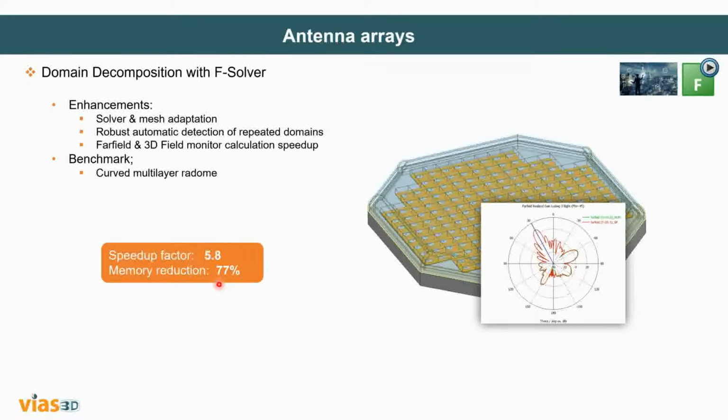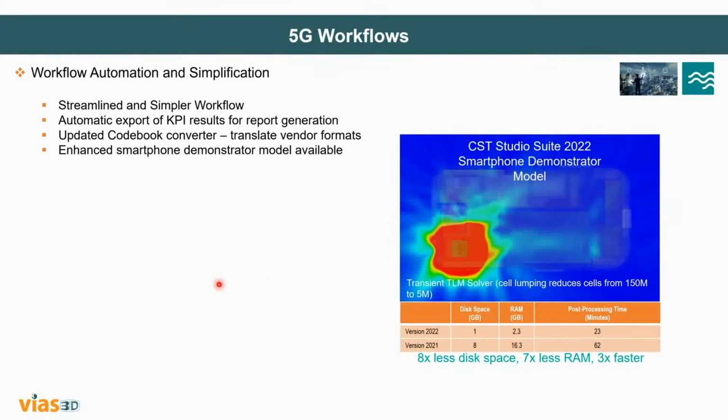So now the next one is more on the 5G workflows. And inside this, we continue to expand the 5G post-processing offering, and some of the major news in terms of version 2022 improvement in 5G post-processing are: we have streamlined and simplified the 5G workflows, such as removing the requirement for a separate iSolver object.